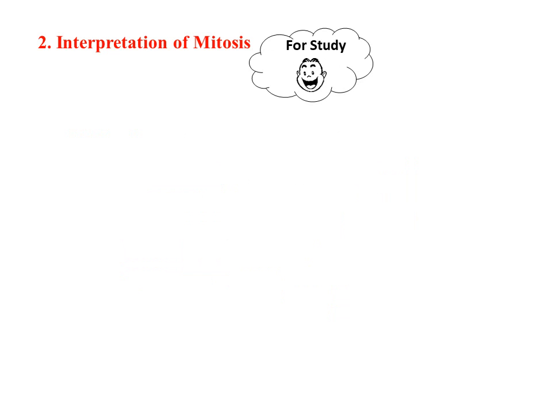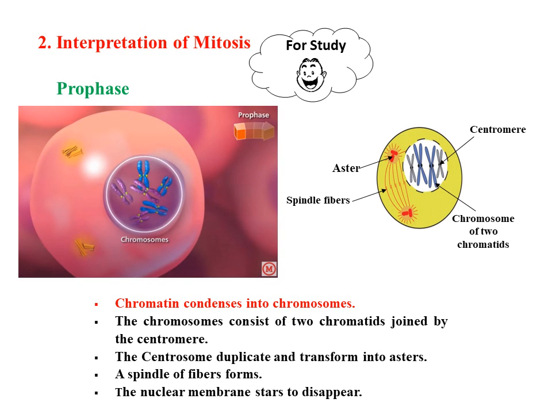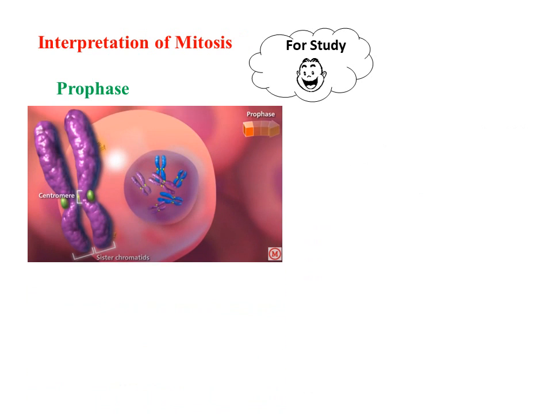The cell is now ready to go through mitosis, which consists of prophase, metaphase, anaphase, and telophase. During prophase, the chromatin condenses into chromosomes, and the chromosomes become visible, appearing as two sister chromatids held together at the centromere.